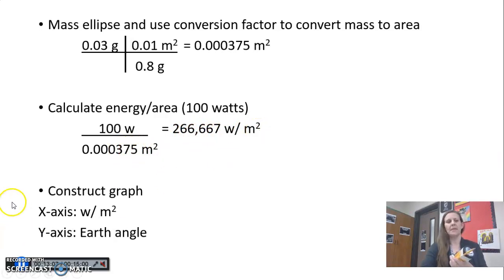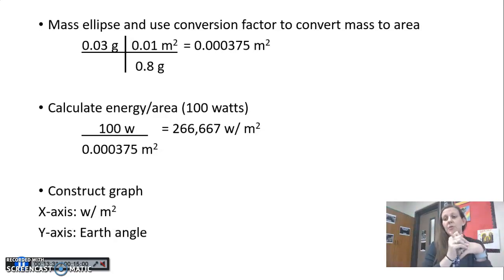All right. Then, after you're done with that, you construct a graph. You're going to do these two steps, your mass of your ellipses and your energy per unit area, for all of your ellipses. Okay. You're going to have several. So make sure that you do this and fill out your entire data table.